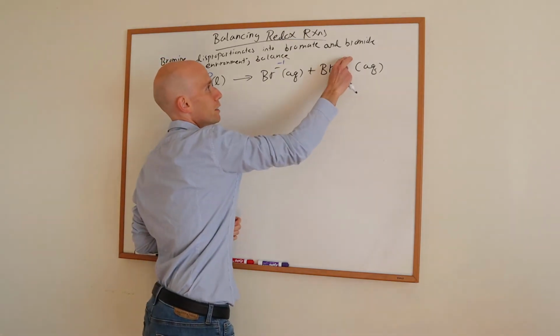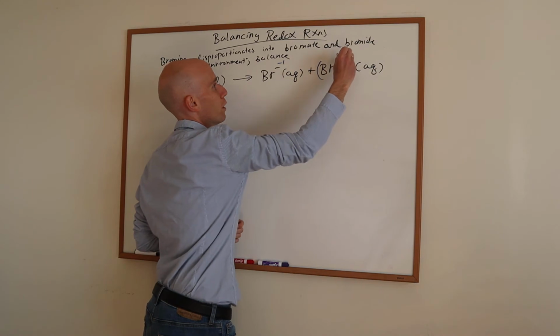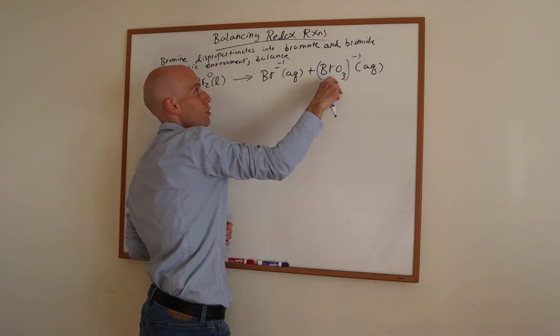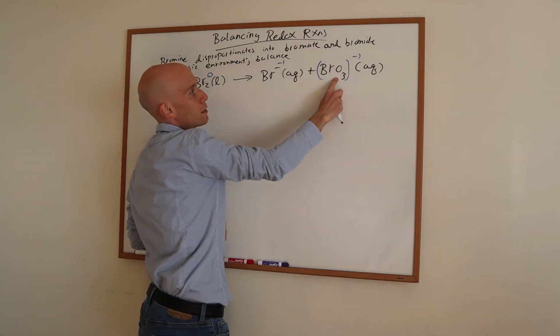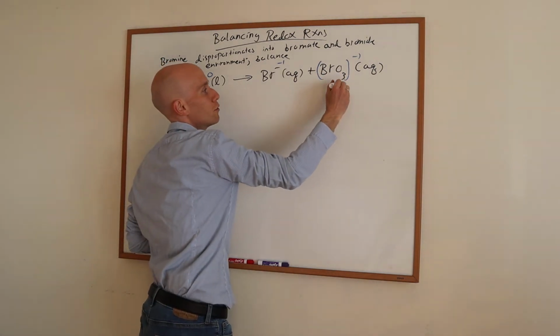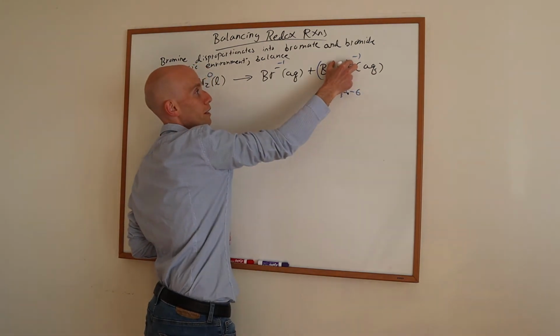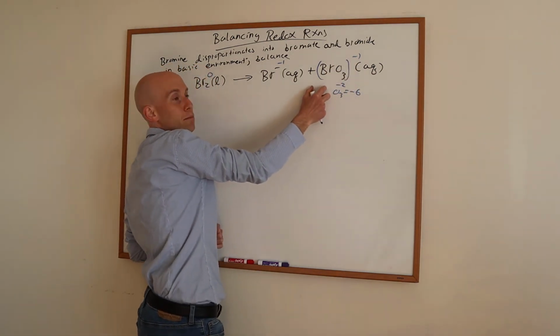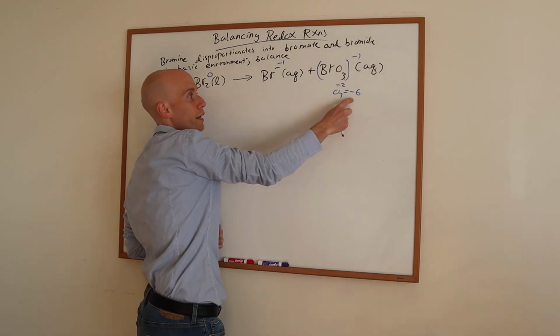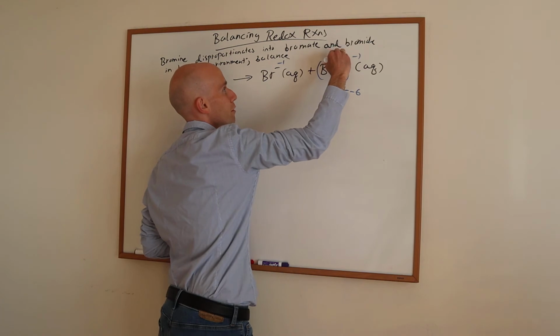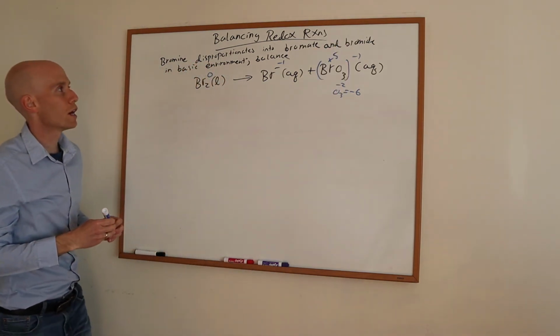This entire bromate here will be -1, because of the negative charge for the ion. Oxygen, remind you, is -2, and so 3 oxygens will be -6. The bromine has to add to the -6 to get -1, and so it would have to be +5. So that would work.